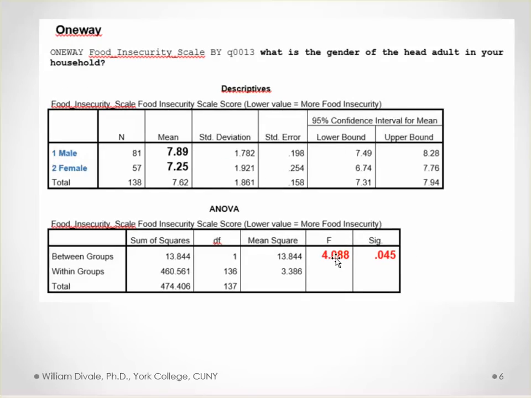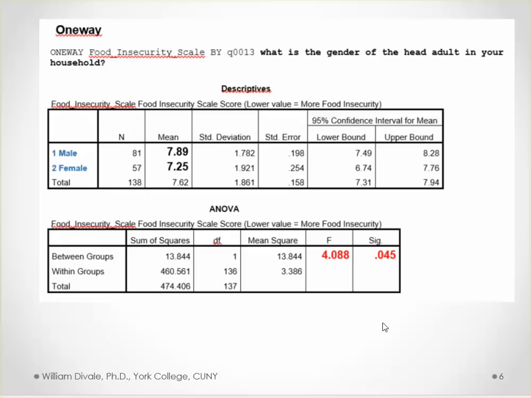Okay, now, what is the gender of the head of the household, the head adult in the household, and their food insecurity? Okay, so if the gender was male, their food insecurity score was 7.89, but if it was female, their average score was 7.25.